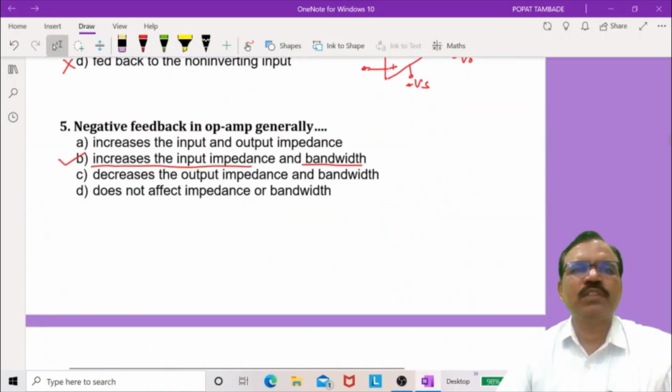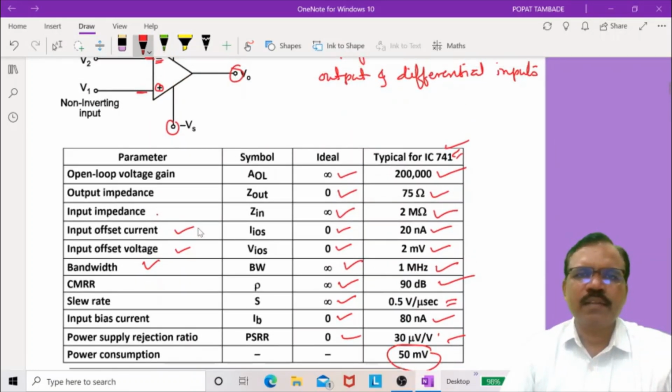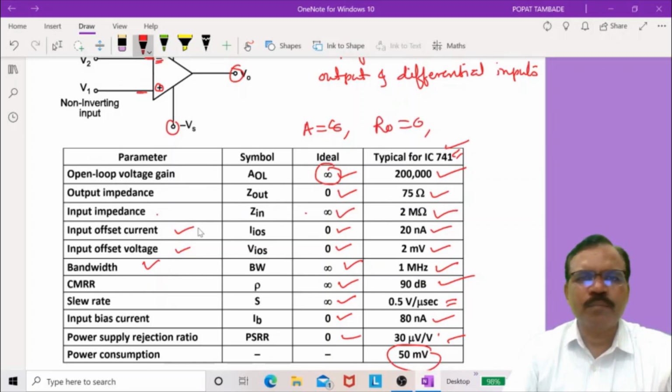Now here we have seen the open loop gain is infinite, so A is infinite. Output impedance, that is R0, is 0, and input impedance, that is Ri, is infinity.